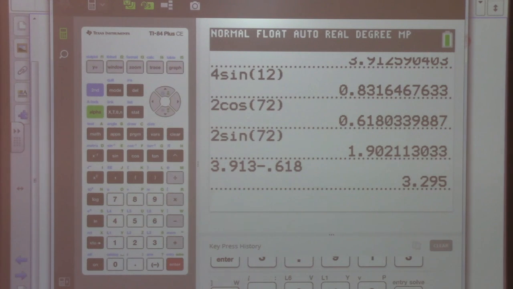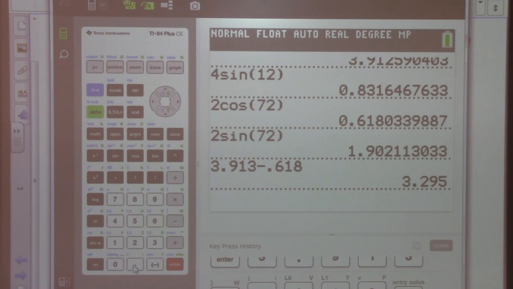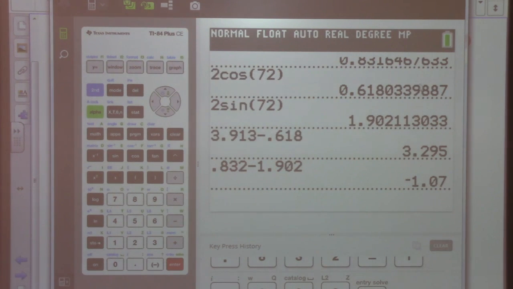So we get 3.295. So we have 3.295 squared plus, what's going to go here? We're going to have y2 minus y1. And you can take them in different orders, because I took that minus that, so we can do the same thing. 0.832 minus 1.902. So negative 1.07.